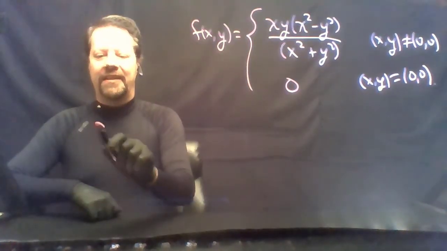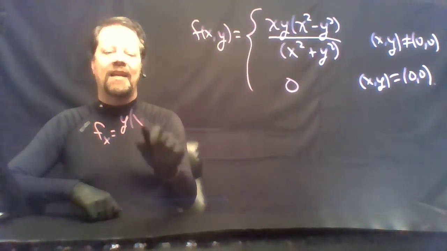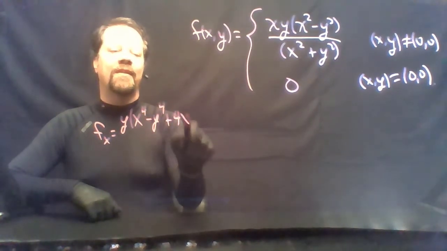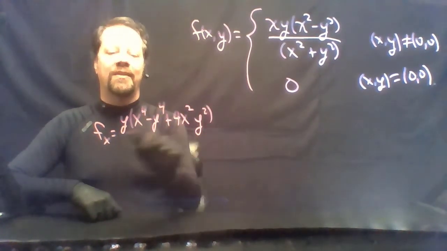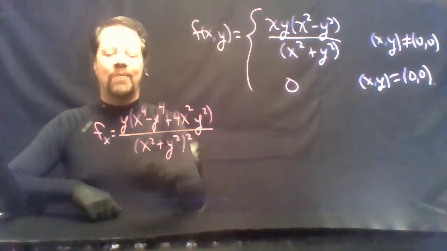All right, over here, fx is y times (x to the fourth minus y to the fourth plus 4x squared y squared) over (x squared plus y squared) quantity squared.